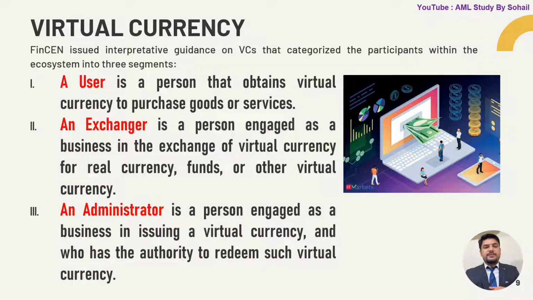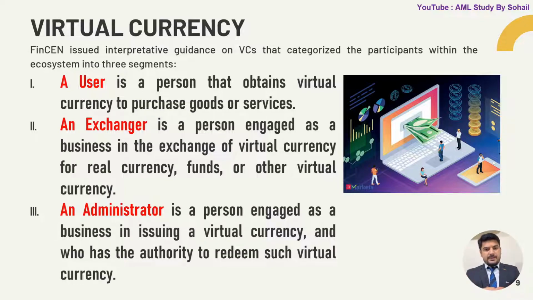The Financial Crimes Enforcement Network issued interpretative guidance on virtual currency that categorizes the participants within the ecosystem into three segments. During a virtual currency transaction, there are always three parties involved: one is the user, second is the exchanger, third is the administrator.